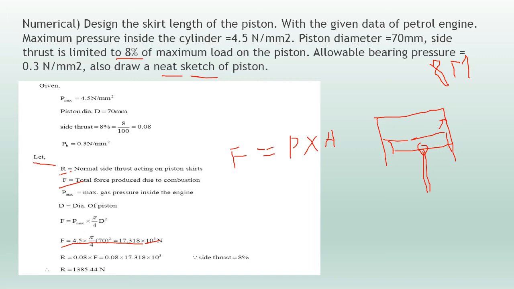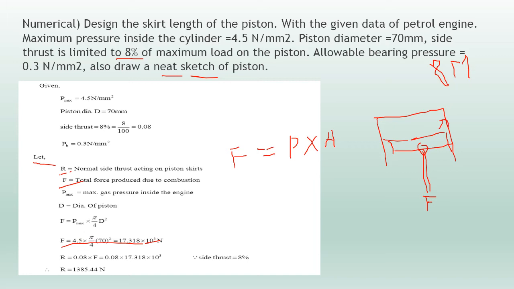What is given in this numerical, the side thrust is limited to 8% of the maximum load. What is the maximum load? Total force. The total force inside the piston is capital F, and this is the 8% limit. So side thrust must not be more than 8%.